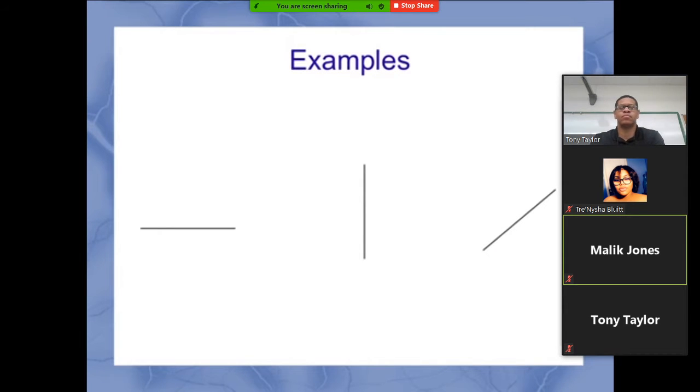Again, if I have a horizontal surface, my normal force might be straight up from that surface. If I have a vertical surface, my perpendicular is going to be, say, out to the left. And if I have a sloped surface, my normal force is still going to be perpendicular, but that means it's going to be off at an angle.